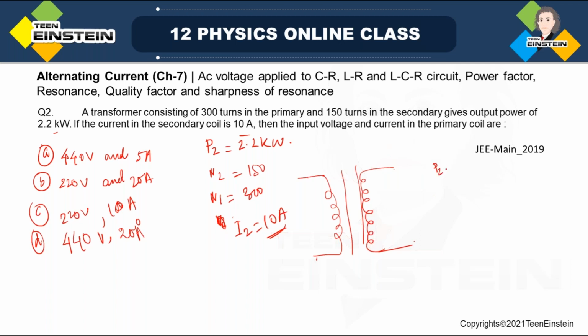I2 V2 is equal to the power, that is P2. So V2 is equal to P2 by I2.